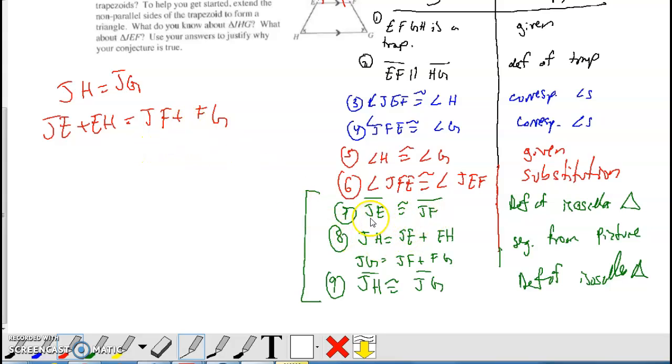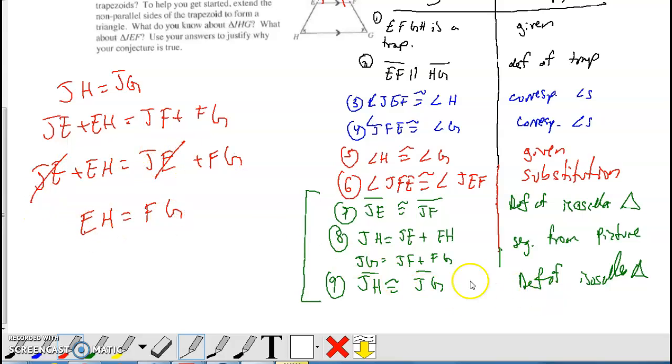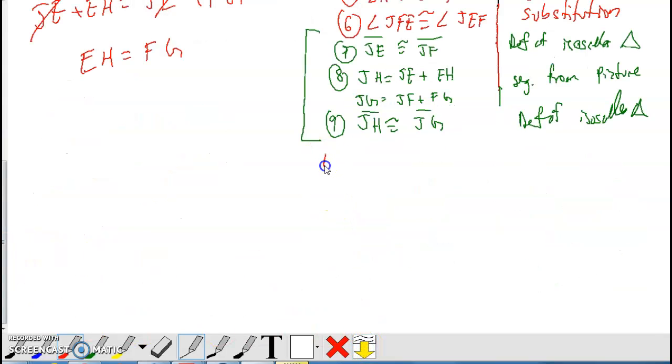I also know JE and JF are equal to each other, so I'm going to replace my JF with a JE, plus FG, which means that those two will cancel out, leaving you with just this piece of information. So last thing, I'm going to say that EH would be congruent to FG. And what did I do? I just used substitution. I used math.